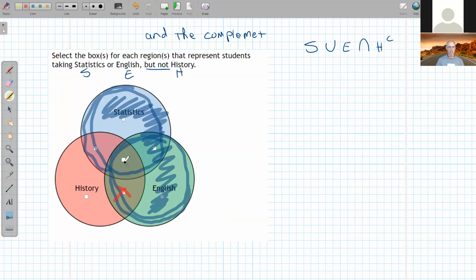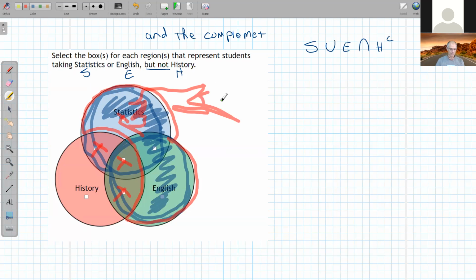So I can't have that because that's in history, that's in history, that's in history. So my answer would be this funky shape out here. So I would say I want this box. Excuse me, my pen went a little nuts there. I would want this one, and that one. See how I'm going about doing that?